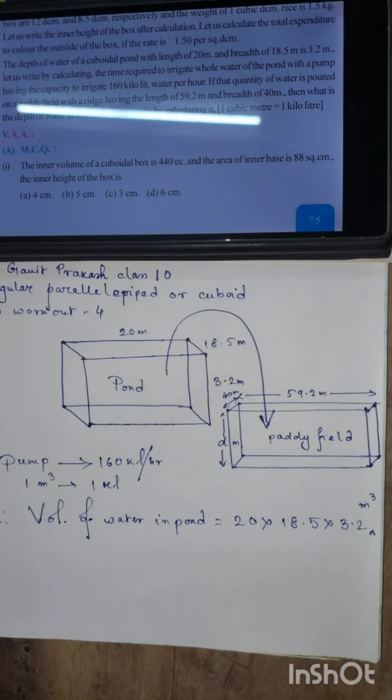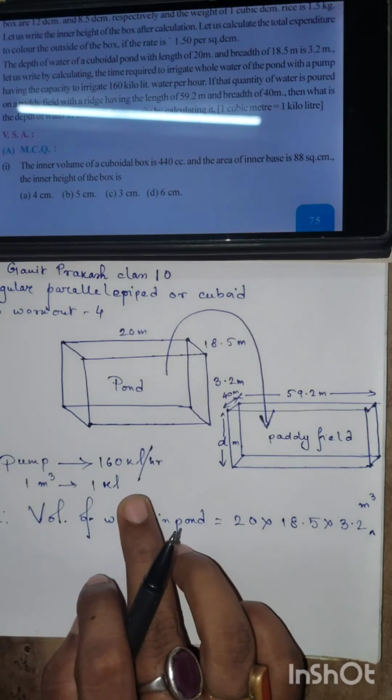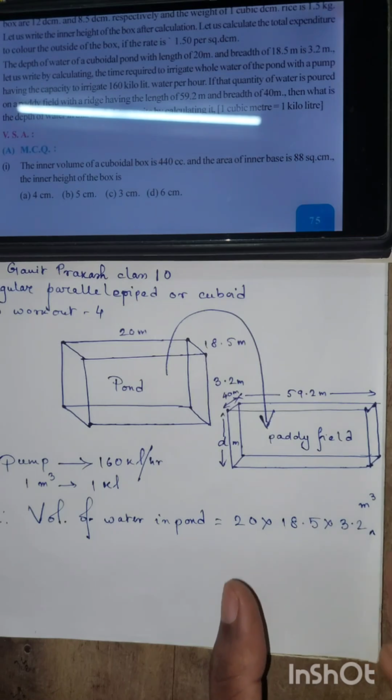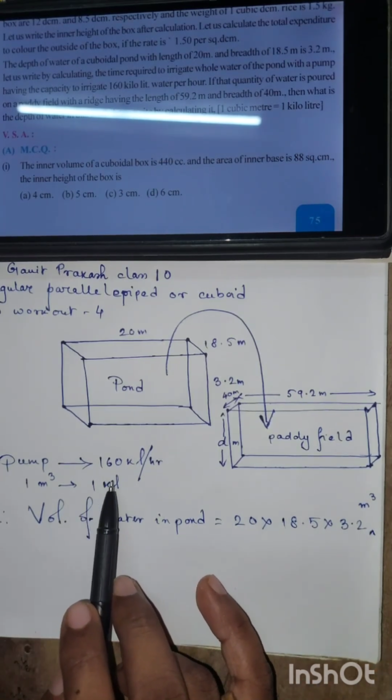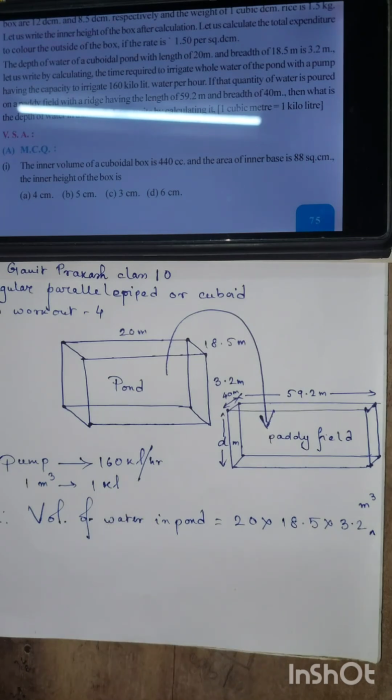Now we are going to transfer this much water to the paddy field. And the efficiency of the pump is given. So if we divide the total volume by 160 kiloliter, we are getting the time required to transfer the water.